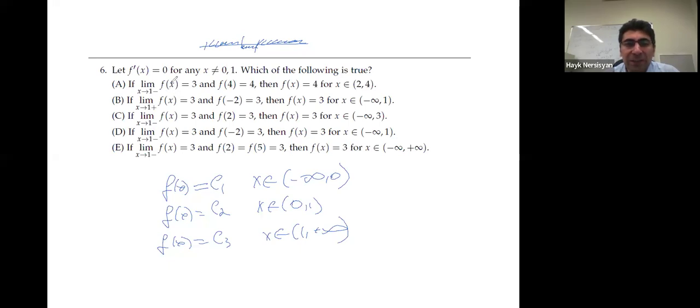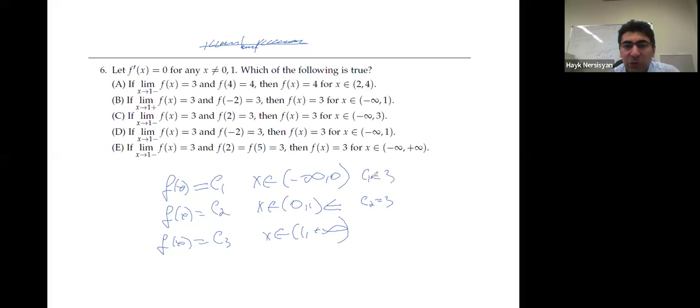f of x limit as x goes to 1 from the left side. So we have, in this case, 3. So C2 is 3. F of minus 2 equals 3. F of minus 2 means we are here. C1 equals 3.